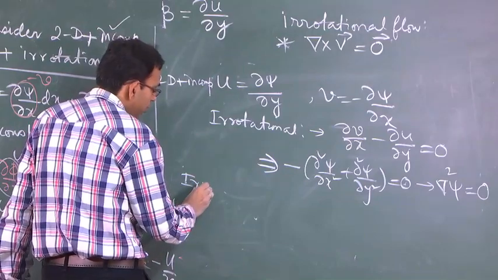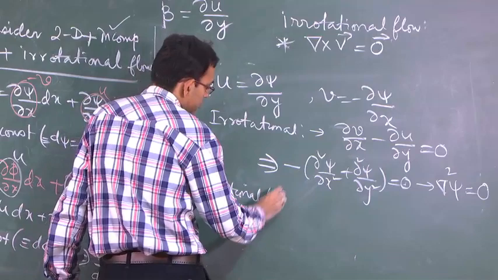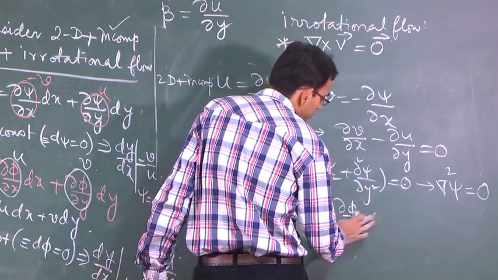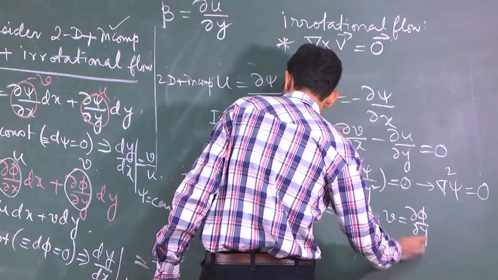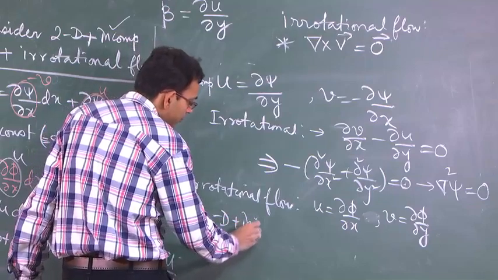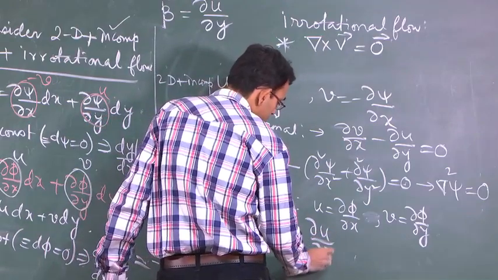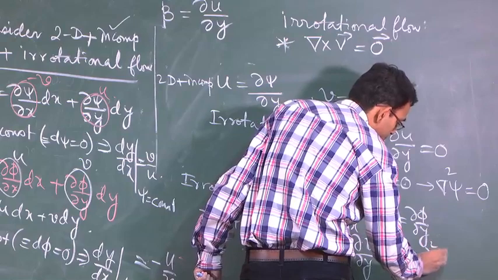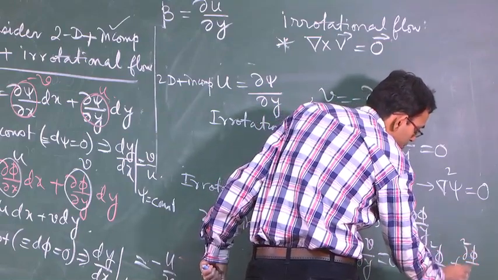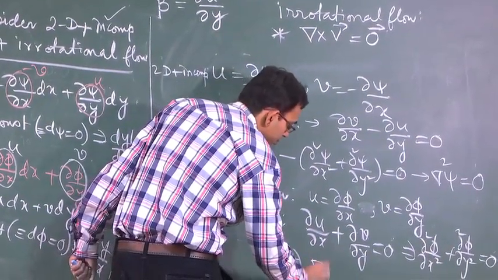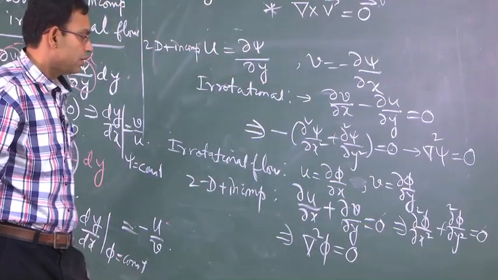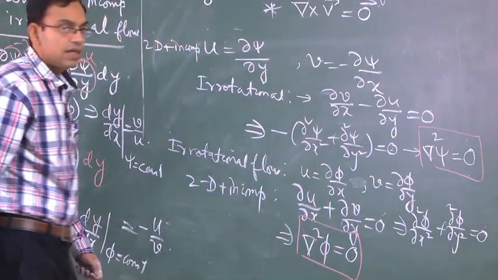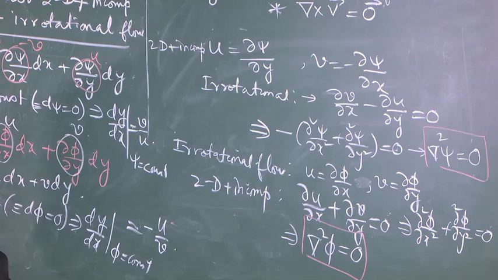Similarly, for irrotational flow, for two dimensional and incompressible flow, you have, that means you have, or in other words, interestingly both phi and psi, when they are defined simultaneously, that is two dimensional incompressible and irrotational flow, will satisfy the Laplace equation.